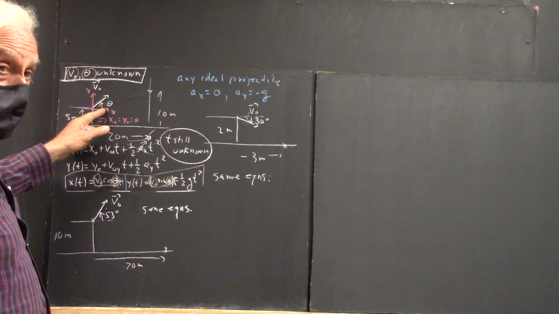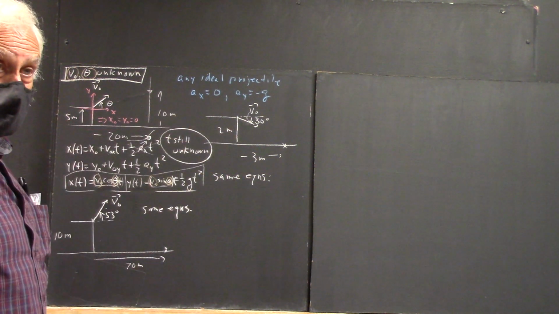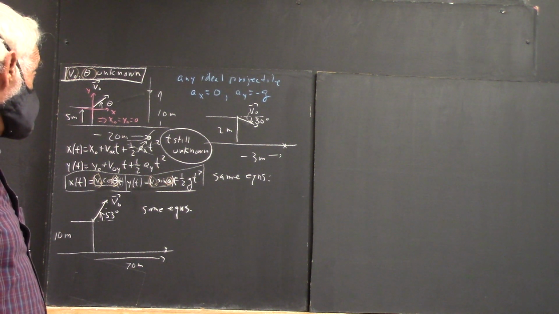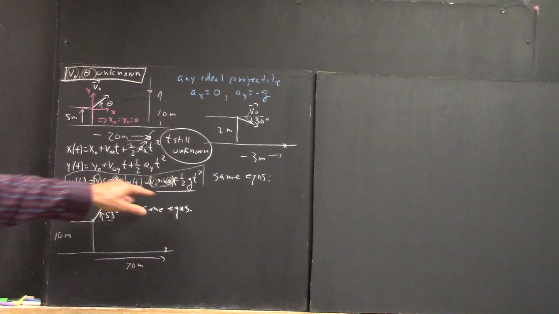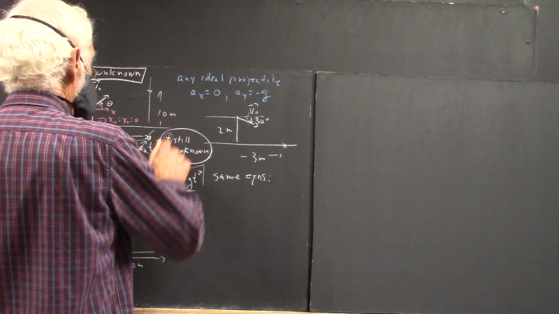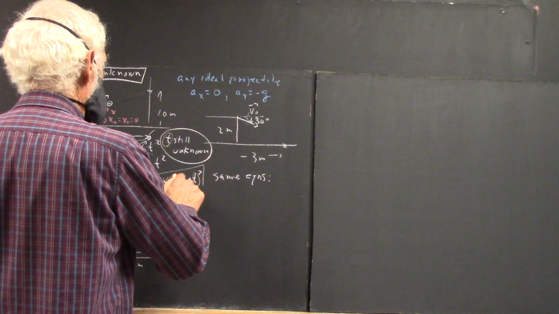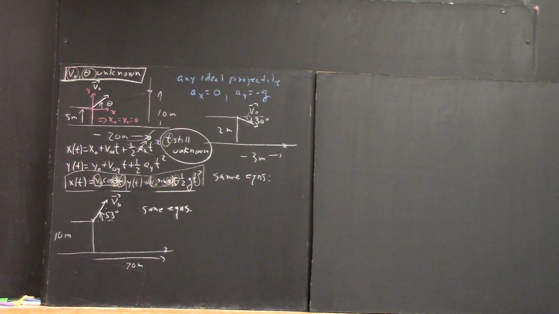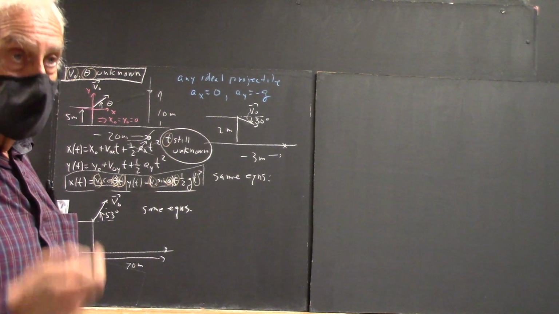Maybe we need the angle or v naught or t. I'll leave that as a question. So at this point, we have too many unknowns. Maybe there isn't enough information to solve the problem.